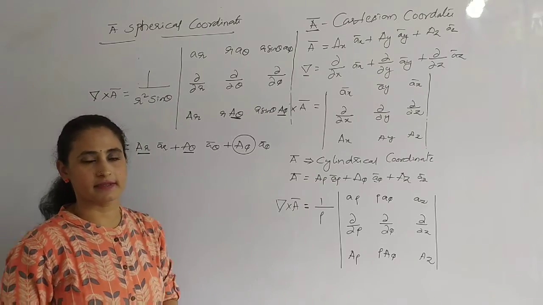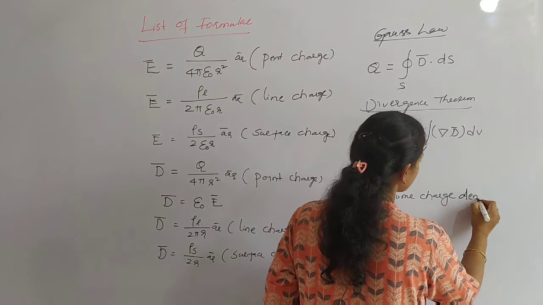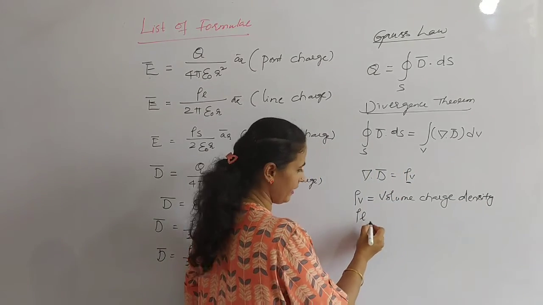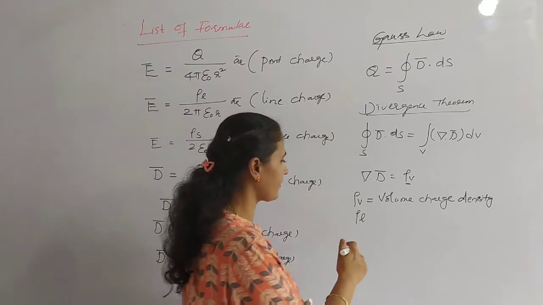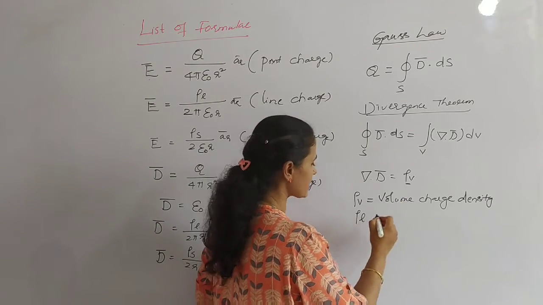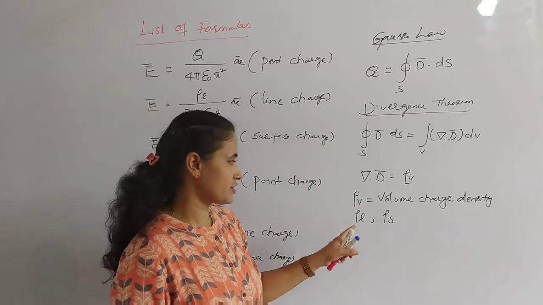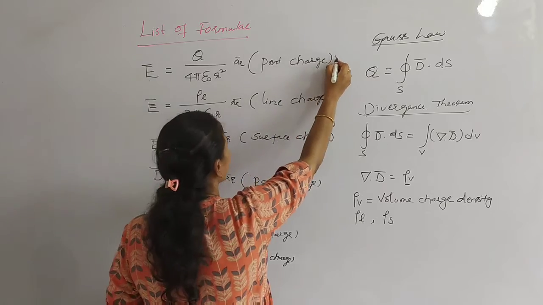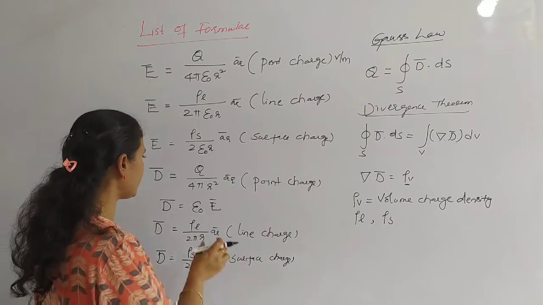Now, rho v is the volume charge density. You know about rho L, the line charge density, which is total charge by total length, and rho S, the surface charge density. What are the units? The unit of electric field is volt per meter.